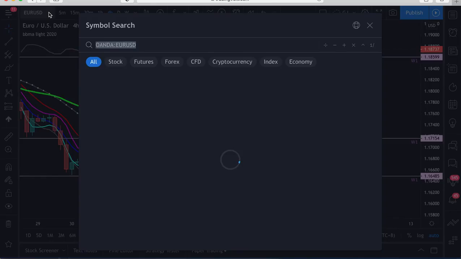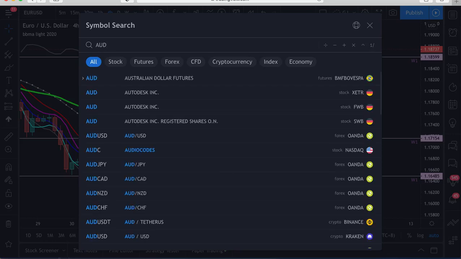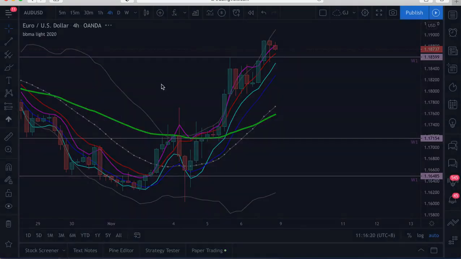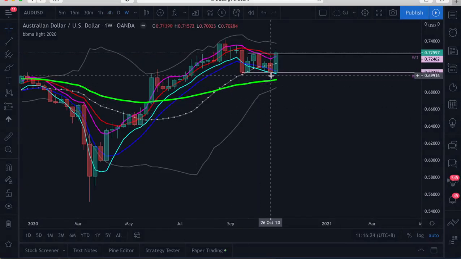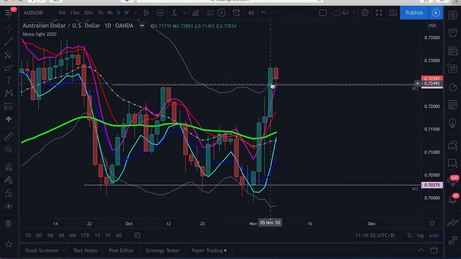Okay, so next pair, AUD USD. Starting at weekly, AUD USD went down and made a huge move up last week, so this will be a re-entry sell setup for us. On daily time frame, price closed above the top BB but closed back inside the top BB, so this is a MHV sell.